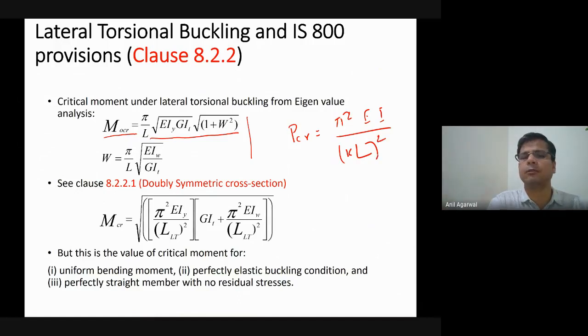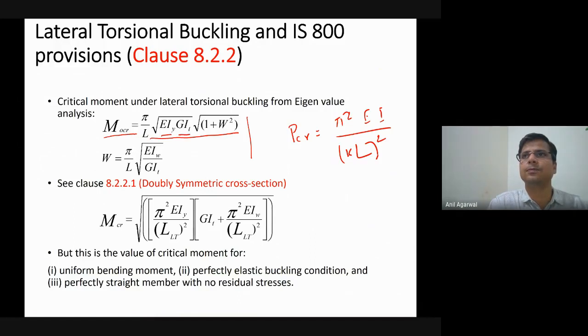You can do a similar kind of eigenvalue analysis, just a little bit more involved, and you will get an M critical value, which will have terms of EIY. What does that mean? EIY corresponds to flexure in the minor axis, in the weak axis. That is the lateral part of the lateral torsional buckling. Okay.